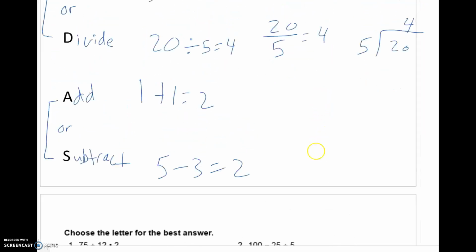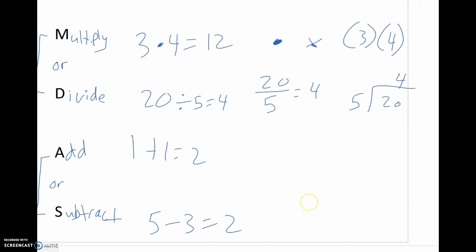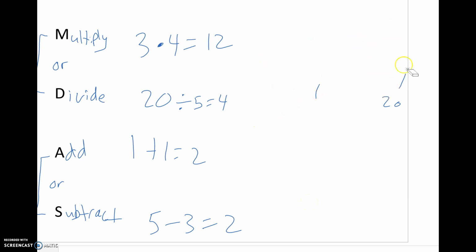Okay, so let me erase some of this stuff off to the side so we can talk about a few things. All right, so we've got PEMDAS. So we read books left to right, and in a way, we use a similar concept with math as well.